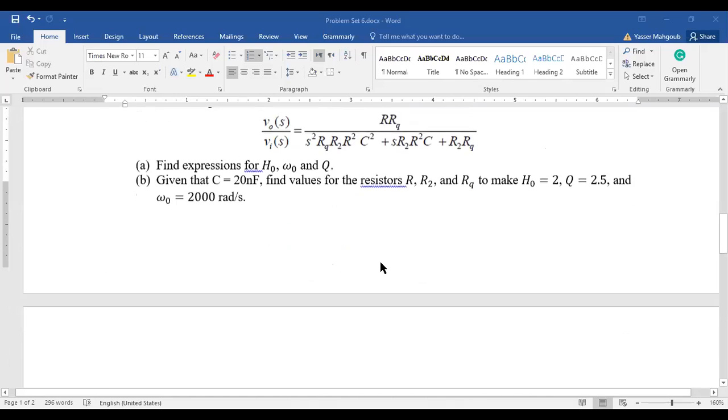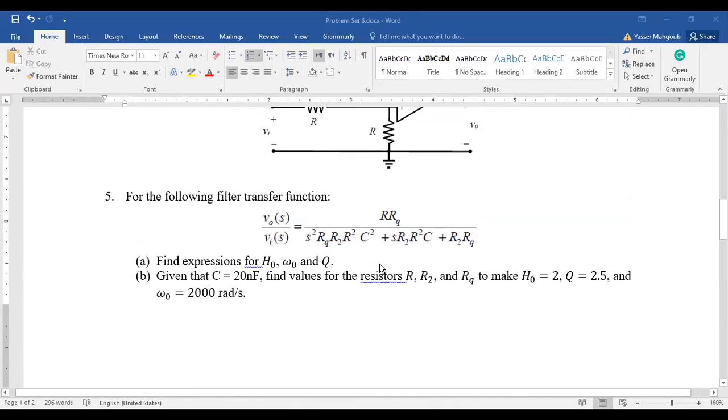And you have 3 questions about this transfer function. As you can see, the transfer function is second order with some parameters R, RQ, R2, C, and so on. The first question is to find expressions for H0, omega 0, and Q.